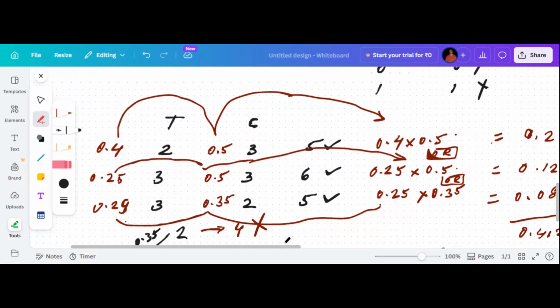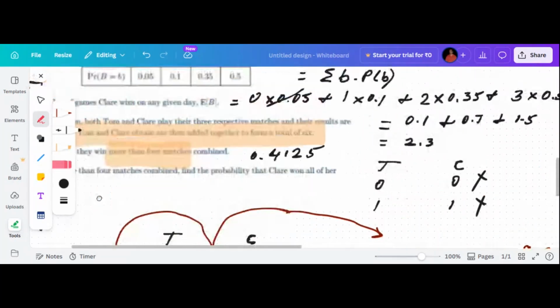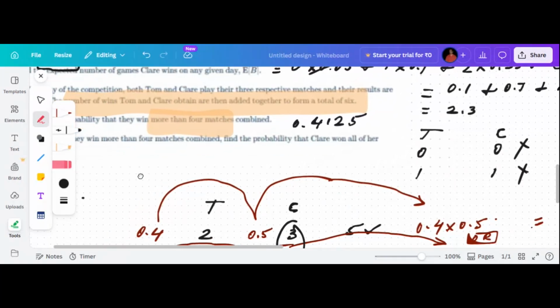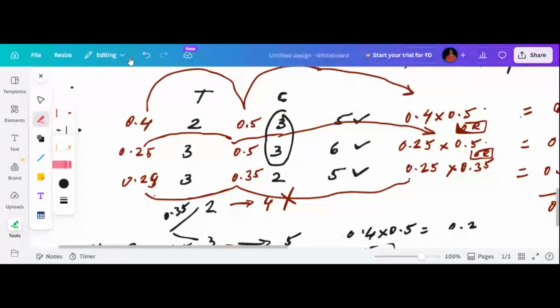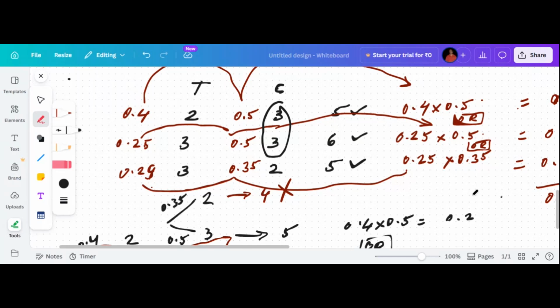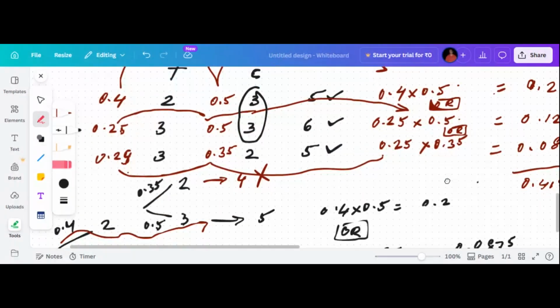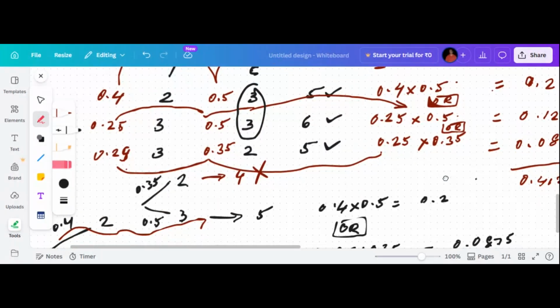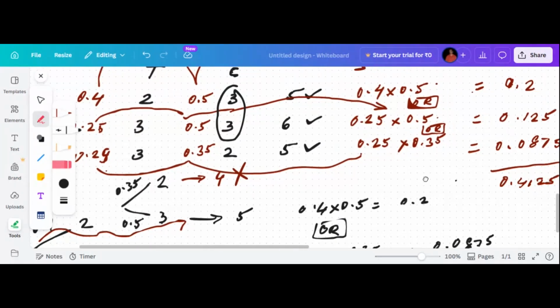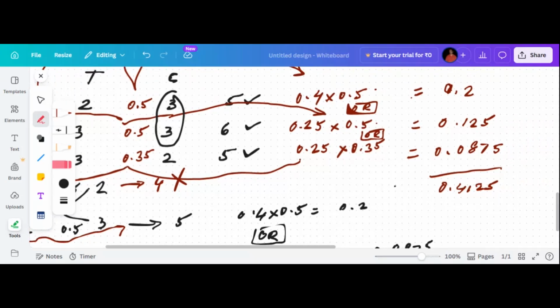That's possible if we take this route. So the probability that Claire won all 3 matches, given that they won more than 4 matches, will be the sum of these two possibilities divided by 0.4125. Correct?